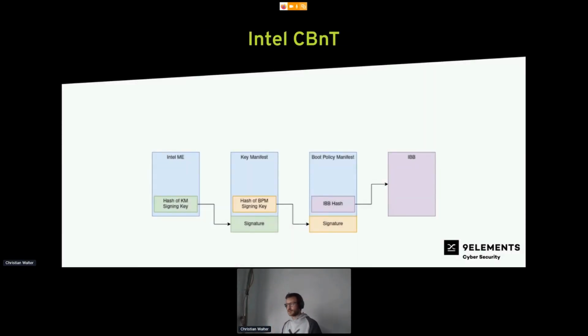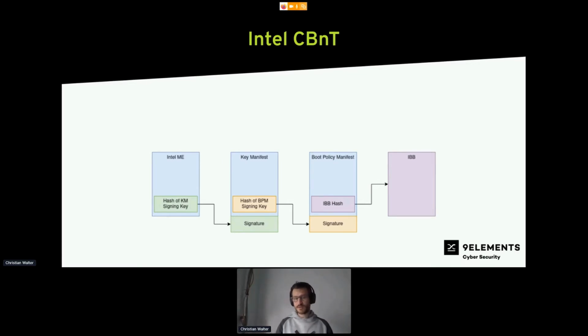If we look into how CBNT builds up its chain of trust, or basically its root of trust, and where the platform then builds up the chain of trust, it all starts with the internal ME, right? They shifted everything into the ME or into the ME fuses, and are using ACMs again to verify the first thing that runs.